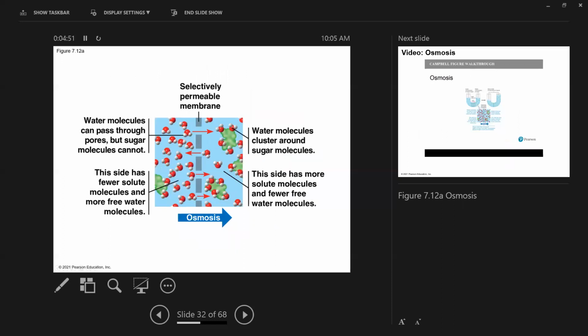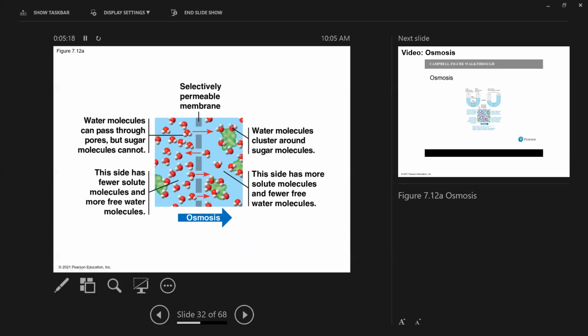So again, this shows that a little bit more closely, that water molecules can pass through the pores, but sugar molecules cannot. And then the water molecules cluster around the sugar molecules. And so this side has more solute molecules on the right-hand side and fewer free water molecules. And on the left-hand side, there's fewer solute molecules and more free water molecules.